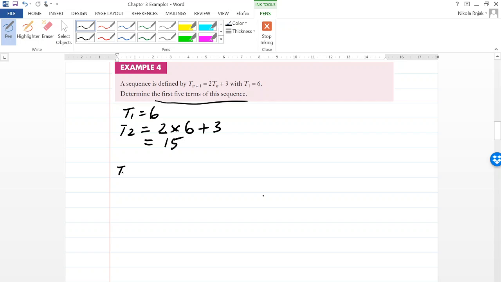The third term of the sequence, t3, is going to be equal to 2 times the current term, which is 15, plus 3. Which is equal to 33.